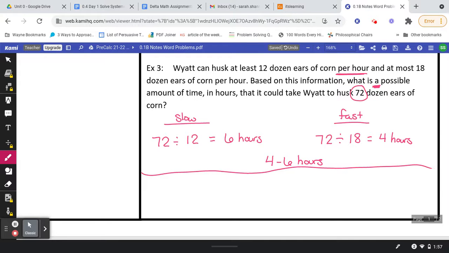Another way to do it, you could take the average of the two, like 12 plus 18, which is 30. And you could divide that in half to get his average.